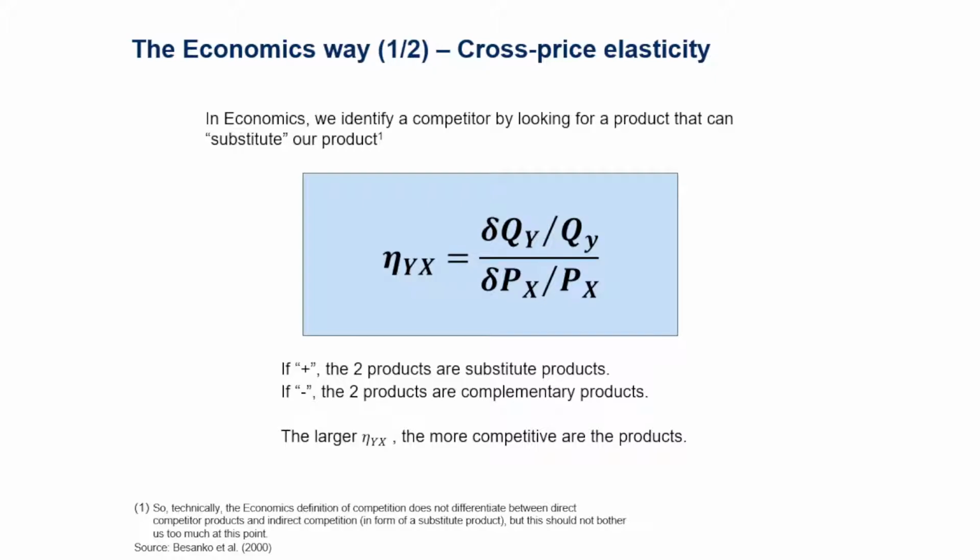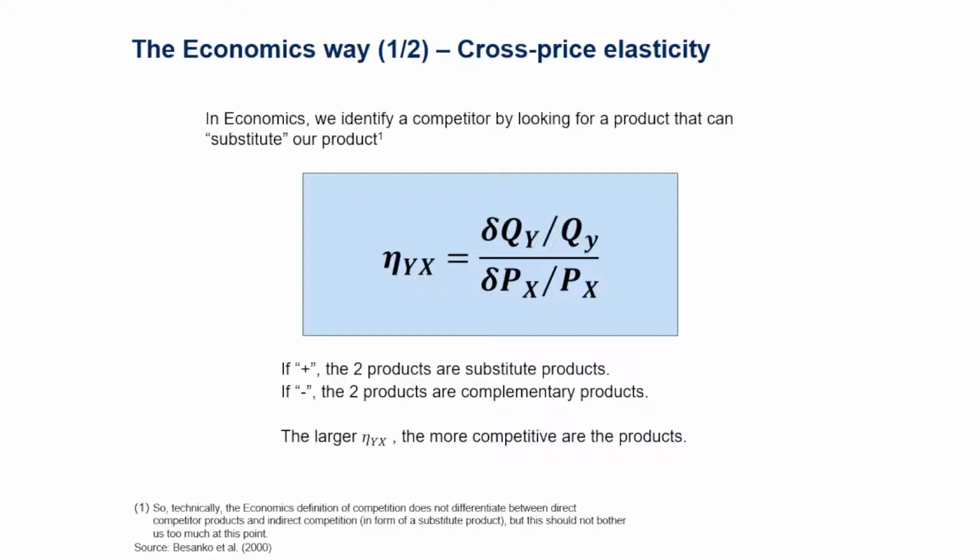So both sides of the equation are positive, and therefore the entire equation will be positive as well. Our products are substitute products or competitive products. It can also happen that we have a complementary product that is closely linked to ours, and then this equation would be negative. But the larger eta, the elasticity is, the more competitive are the two products.